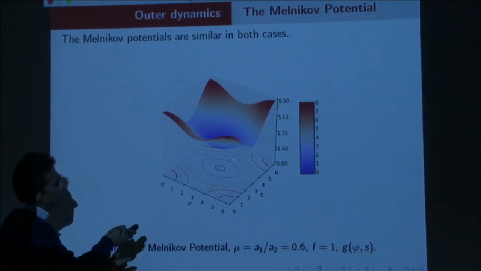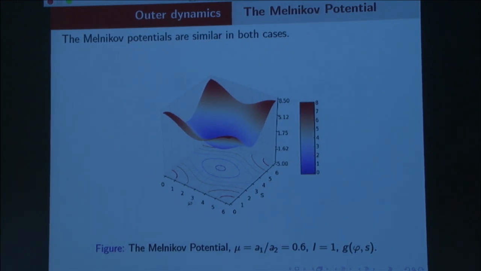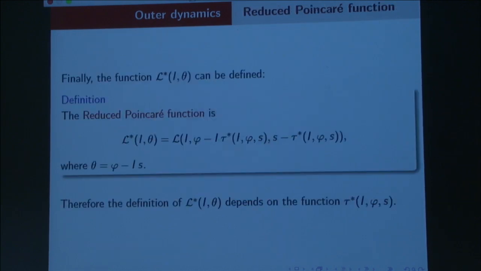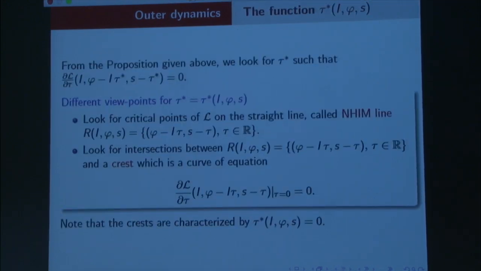So what we're going to do is to study these different crests that can happen. And this will be related to some properties of the Melnikov potential. So again, we have to look for these tau stars in such a way that they satisfy this equation, and there are different viewpoints.